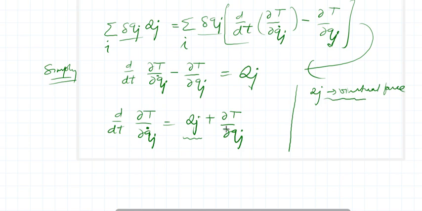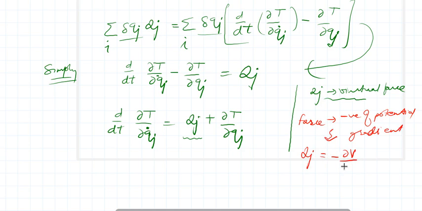Also we know that the force can be written as the negative of the potential gradient. Keeping this in mind, I can express Q_j as the negative of the potential gradient with respect to generalized coordinates.